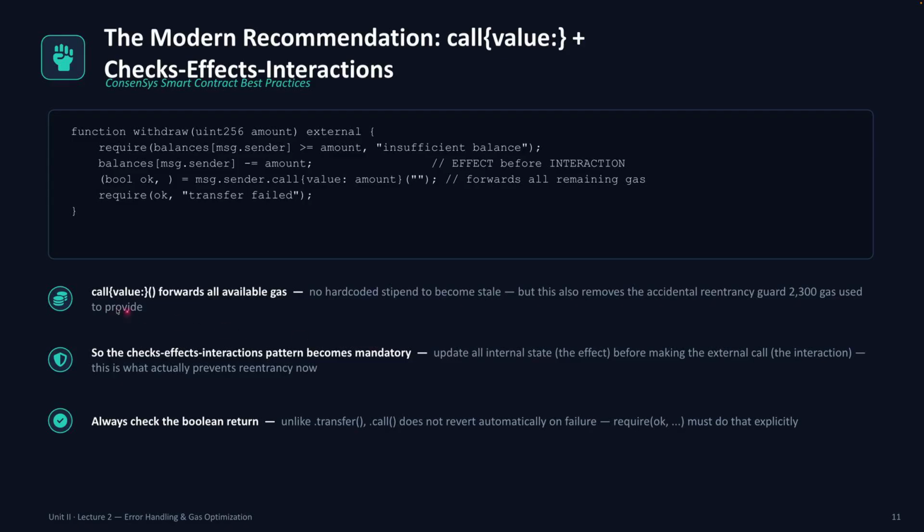Since we are making use of call, it forwards all the available gas, hence the possibility of reentrancy arises. In order to disable the reentrancy possibility, one must make use of the check effects interaction pattern.